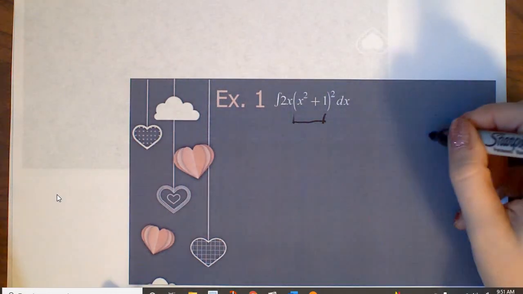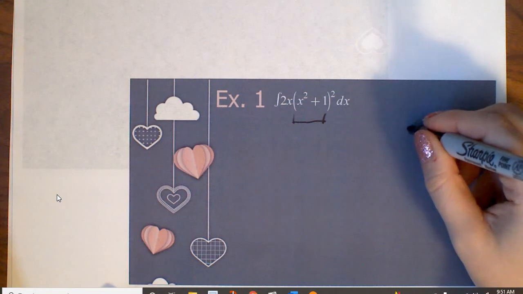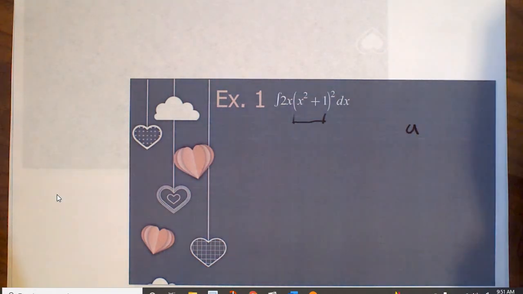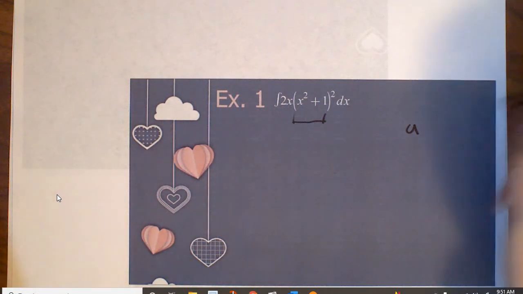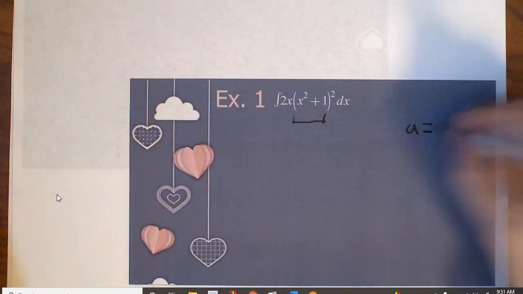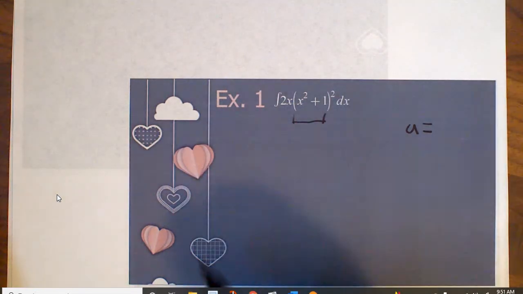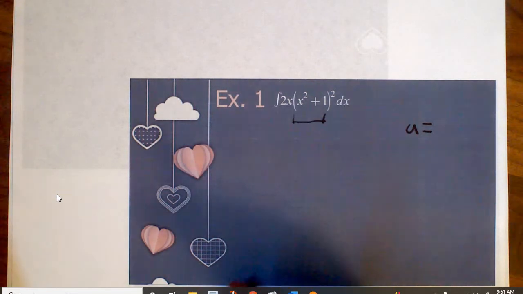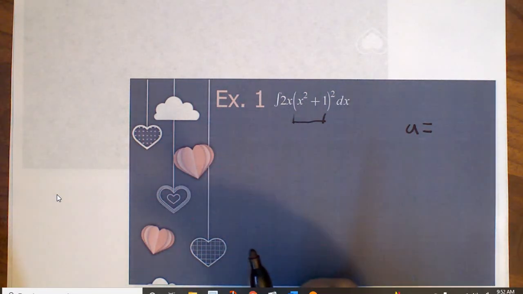So what we're going to do, just like the name says, is substitute using a u. You can use other variables as well. We just call it U substitution because that's the most common variable that we use. So I would have u equals, and the more you practice this, the better you're going to get at figuring out what you want to use as your u.